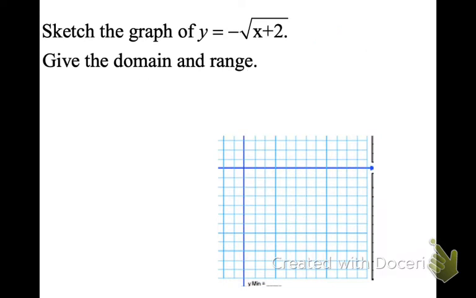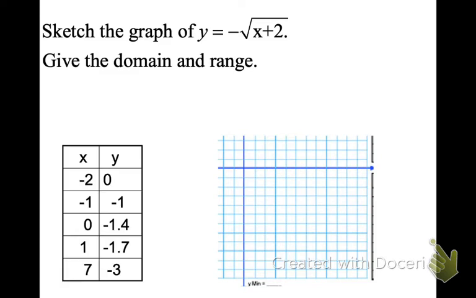All right, so let's pause the video and give this one a try. You know, the first thing you need to do is make a t-chart. Okay, I hope you paused the video and gave this a try. So you made your t-chart, and it might have looked something like this. You needed to figure out what goes underneath the radical.